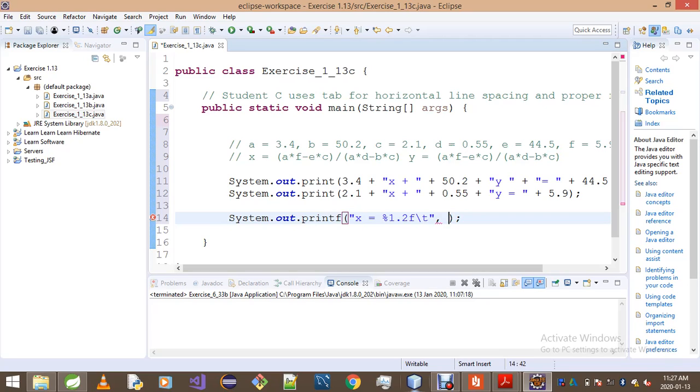Which is simply 44.5 multiplied by 0.55 minus 50.2, okay, multiply that by 5.0.